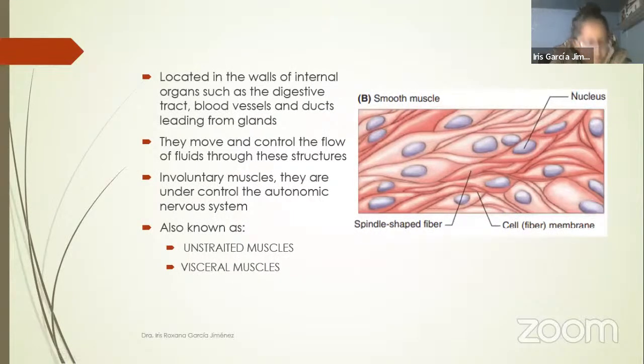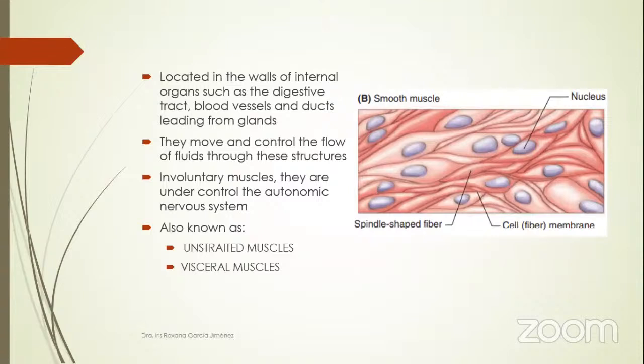Pamela Sarabia, can you listen to me? Yes, Miss. Thank you so much. Good night. Can you read this slide, please? Located in the walls of internal organs such as the digestive tract, blood vessels, and ducts leading from glands.